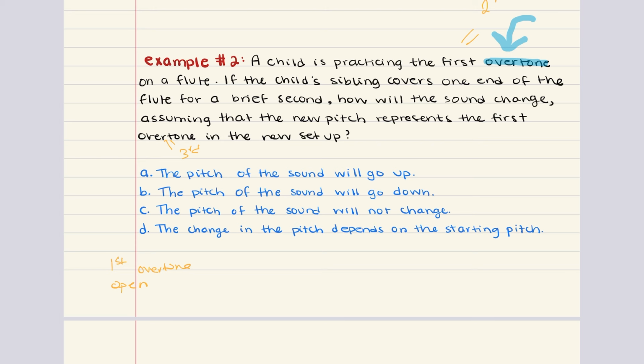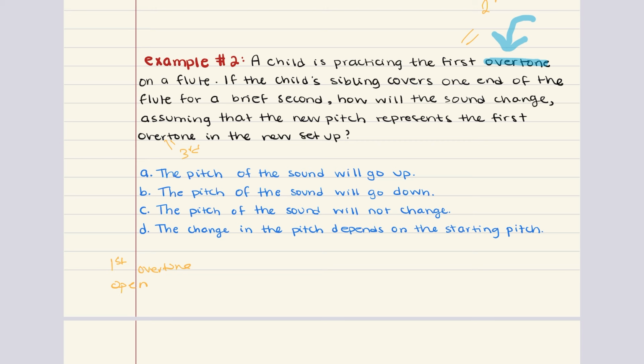For an open pipe, the fundamental frequency, which is the first harmonic, occurs when there is 1/2 wavelength along the length of the pipe. And the first overtone, aka the second harmonic for an open pipe, occurs when there is a full wavelength.